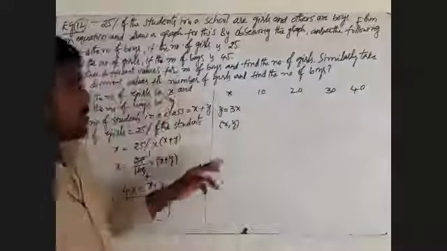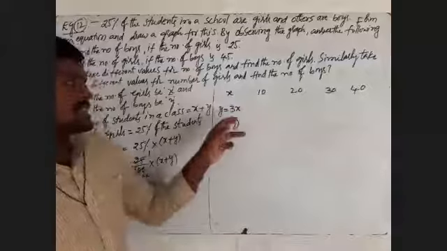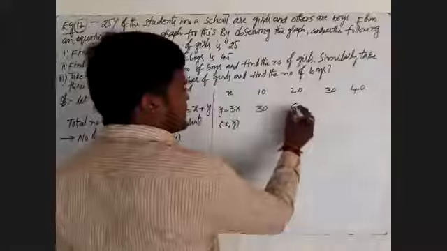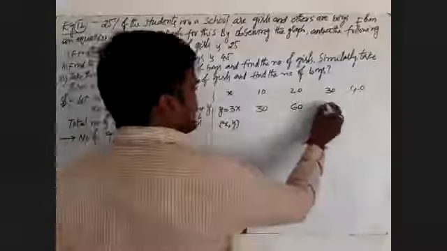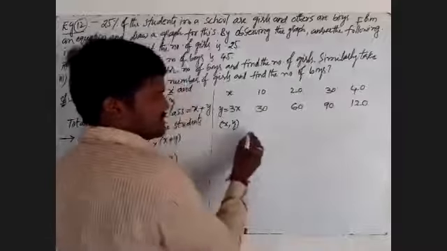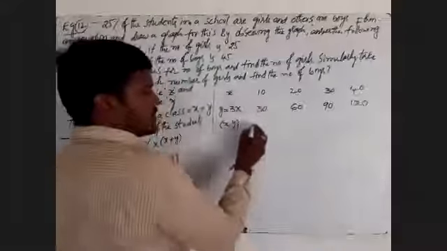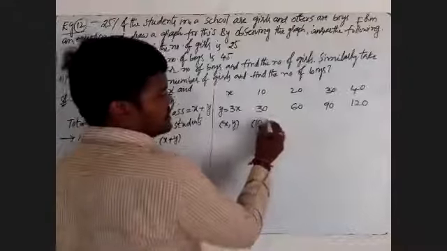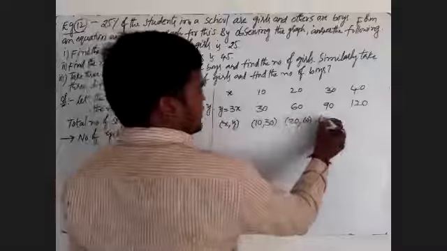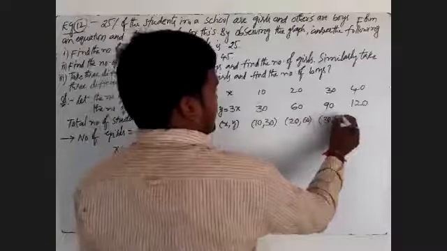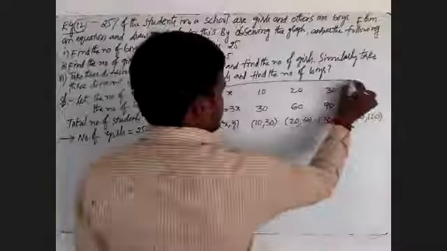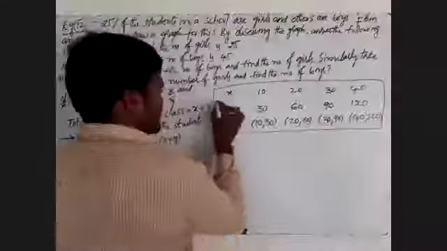Y is equal to 3X means 3 into 10 will become 30, 3 into 20 is 60, 3 into 30 is 90, 3 into 40 is 120. Then we'll take 0 also. The points are 0 comma 0, 10 comma 30, 20 comma 60, 30 comma 90, and 40 comma 120.